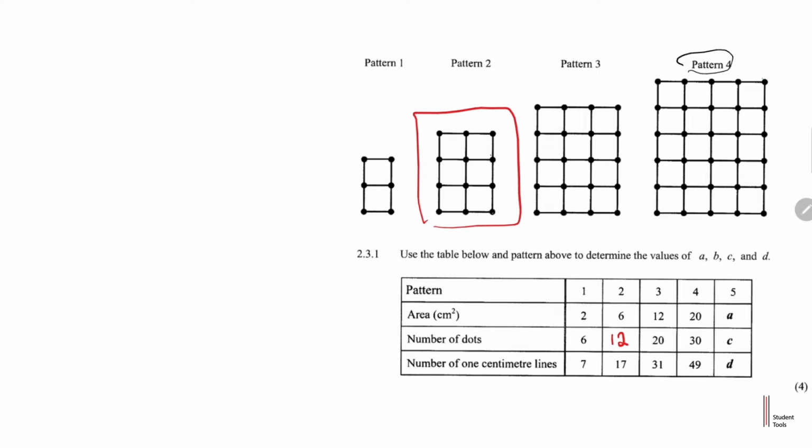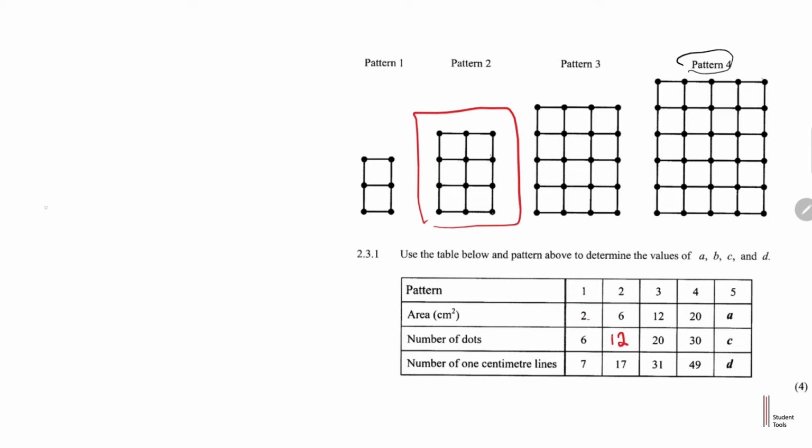So let us start with the value of A, which requires the area in centimeters squared. We cannot measure this because we do not even have the diagram. We will use this sequence: 2, 6, 12, and 20 to find the area in centimeters squared of pattern number 5. Alright, let's do that.